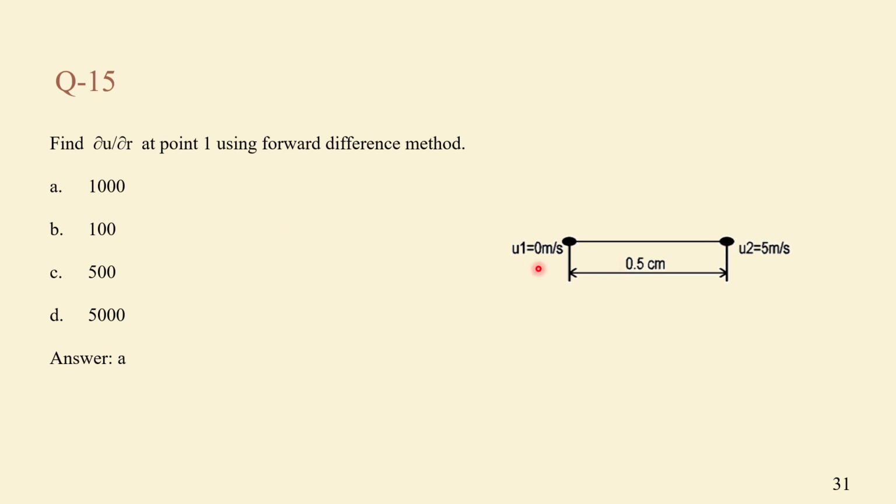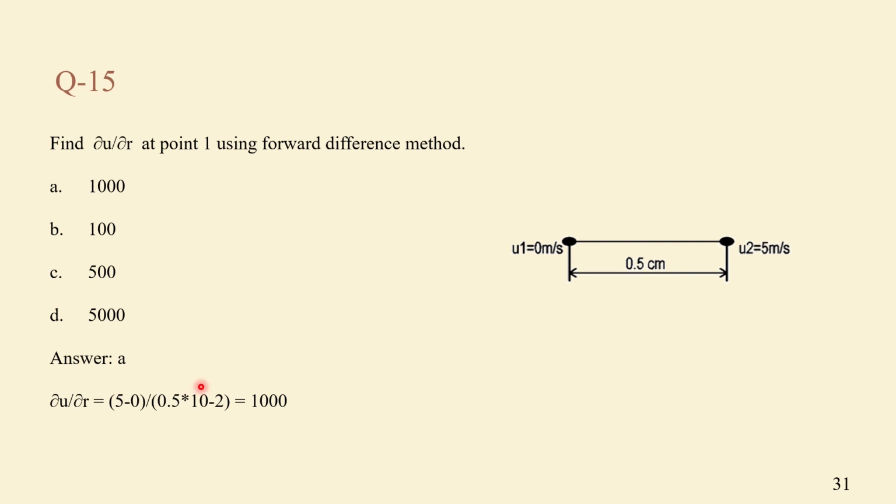For the forward difference approach, we take the next point, that is f of x plus delta x minus f of x divided by delta x, to get the value of dou f by dou x at x. So here we need to take u2 minus u1 divided by delta r. Here it is given as 5 minus 0 divided by 0.5.